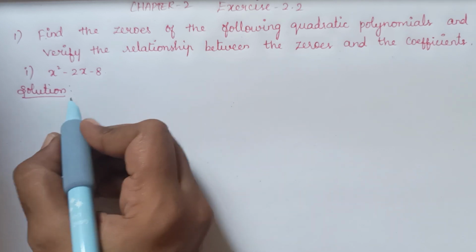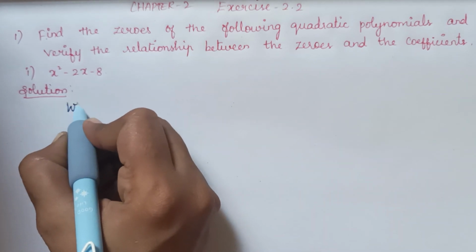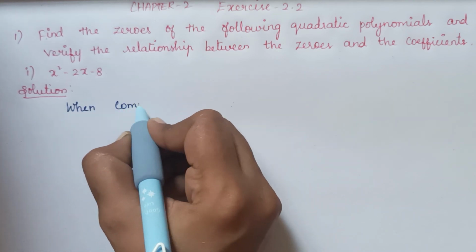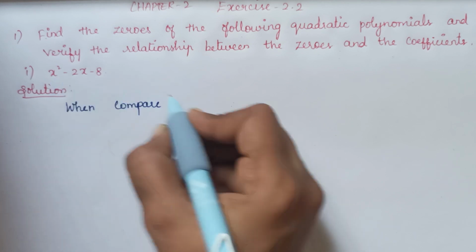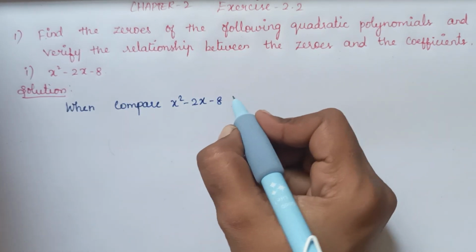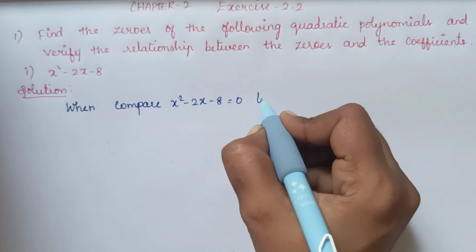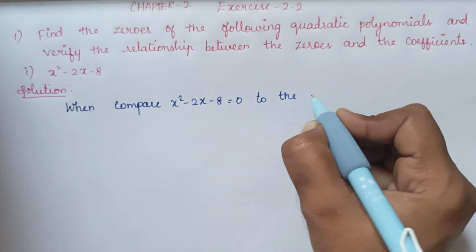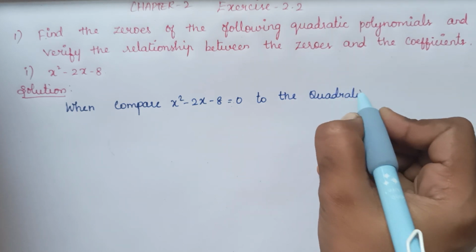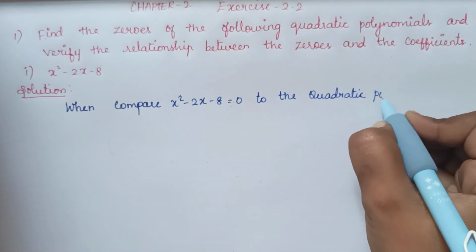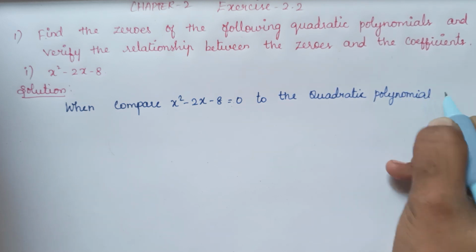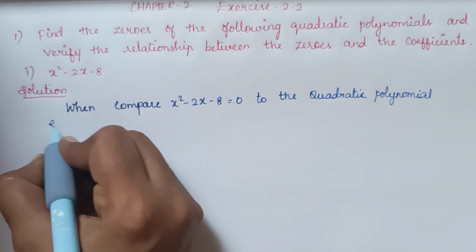We want to compare this quadratic polynomial, x square minus 2x minus 8 is equal to 0, to the quadratic polynomial equation.